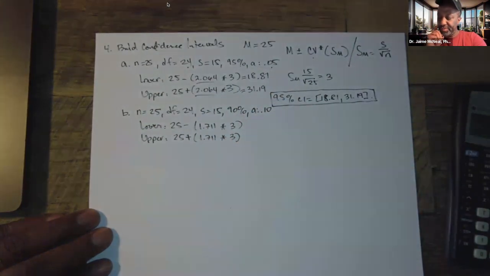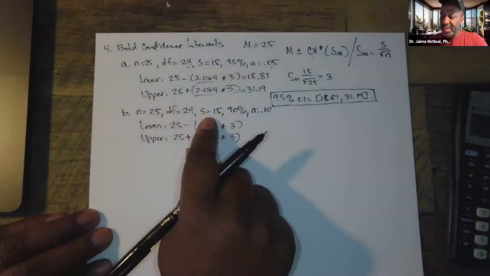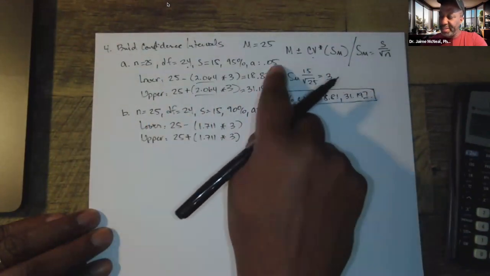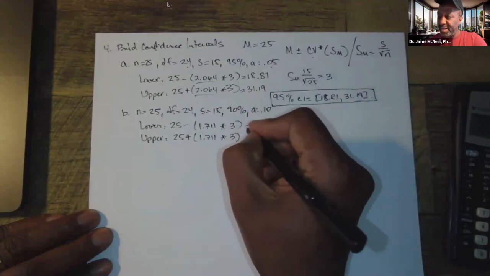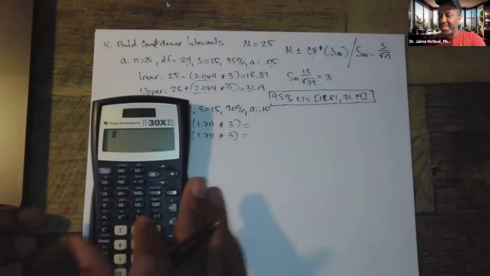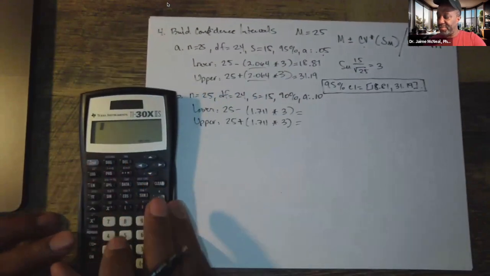Because the standard deviation is still 15 and the n is 25, the standard error stays the same. Just the critical value changes. So let's see what that does to our answer.